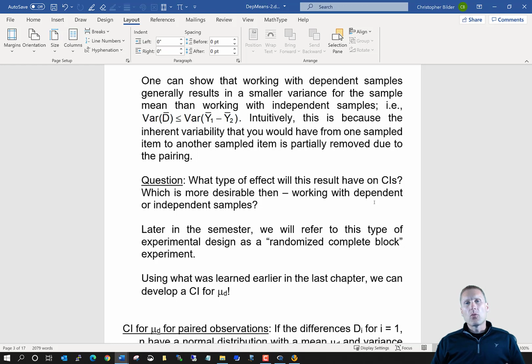Now, why is working with dependent samples better than working with independent samples? Here's why.